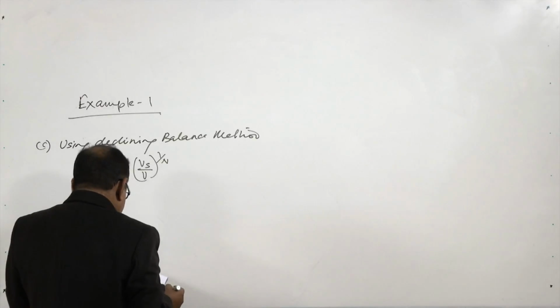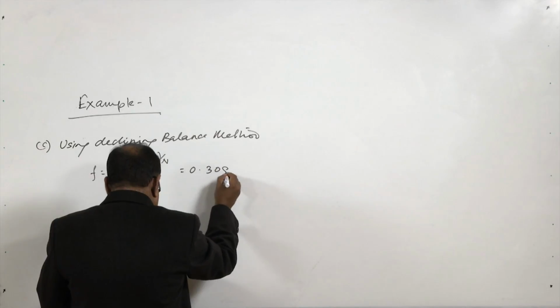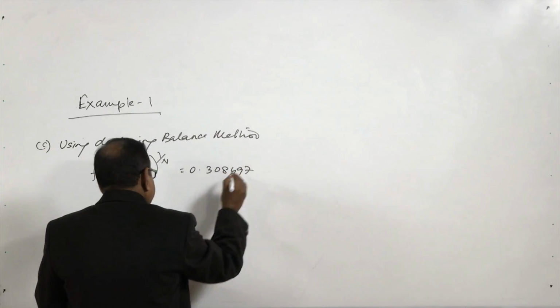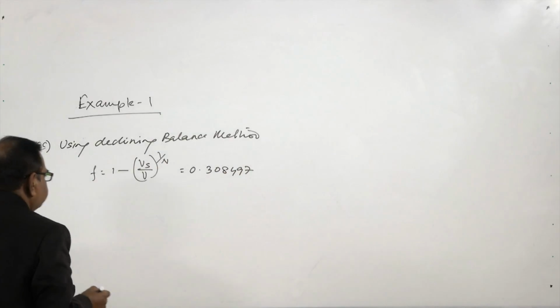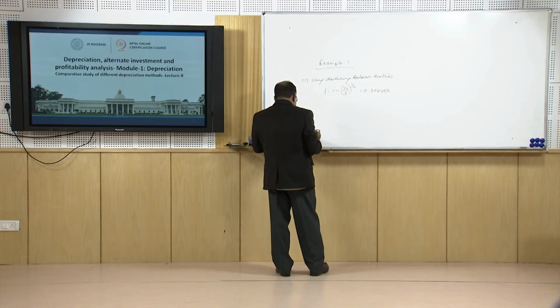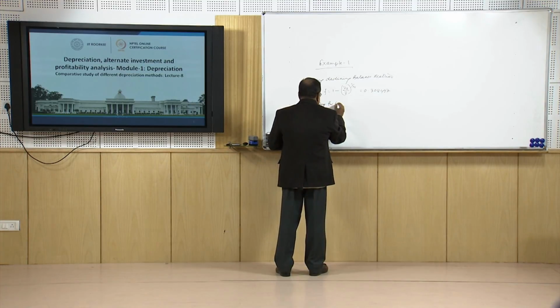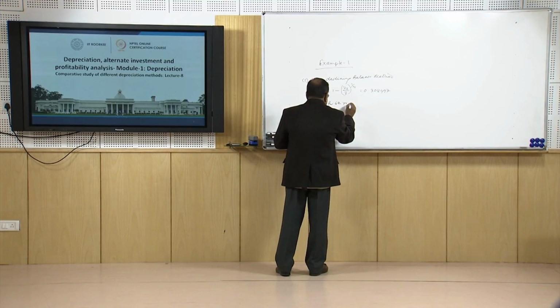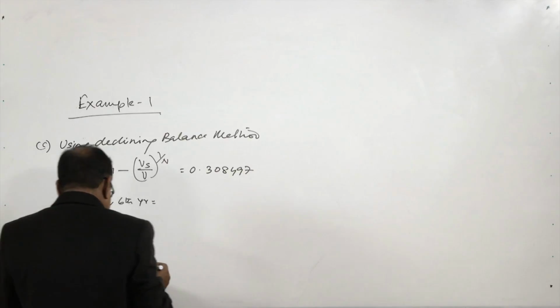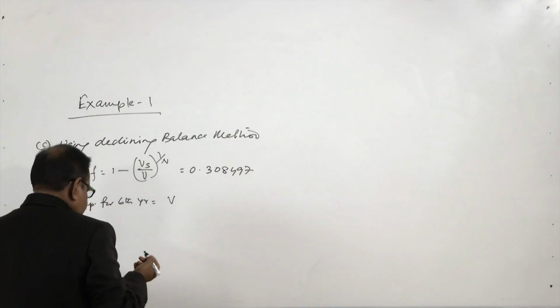With this we calculate the value of f as 0.308497. Now depreciation for 6th year is equal to book value of the 5th year minus book value of the 6th year.